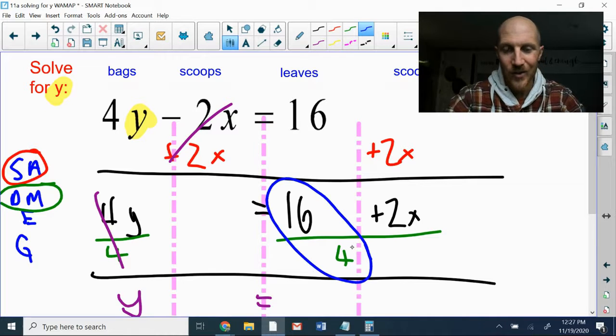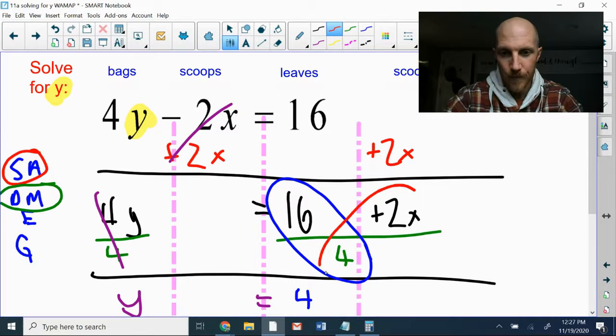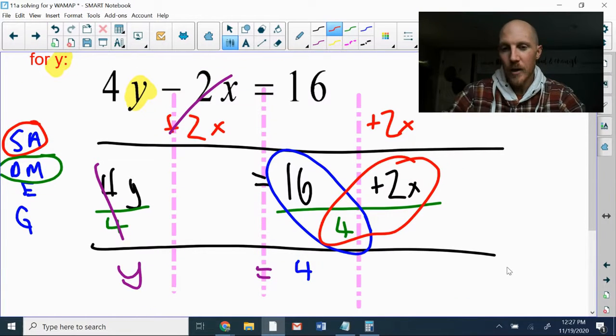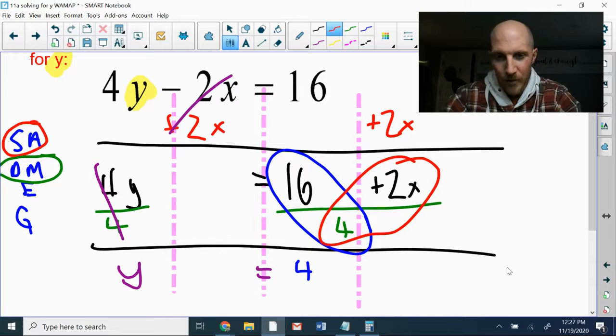So I can divide 16 divided by 4. That comes out evenly. 16 divided by 4 is 4. And then I also have to divide this 2x divided by 4. And that does not divide evenly. So you could use your calculator and get a decimal, but that is not going to set us up for success in the next unit that we're going to learn in the future.